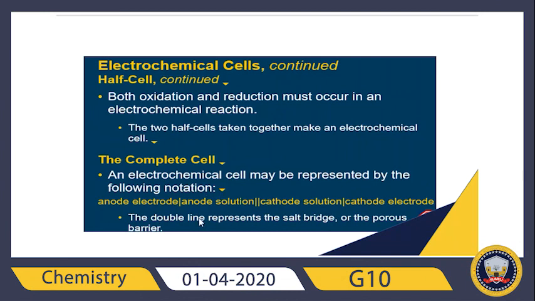So guys, here the double line represents what? It represents the salt bridge or the porous barrier. So again, we have the anode electrode immersed in the anode solution, this half cell separated by a porous membrane from the cathode solution in which the cathode electrode is immersed.